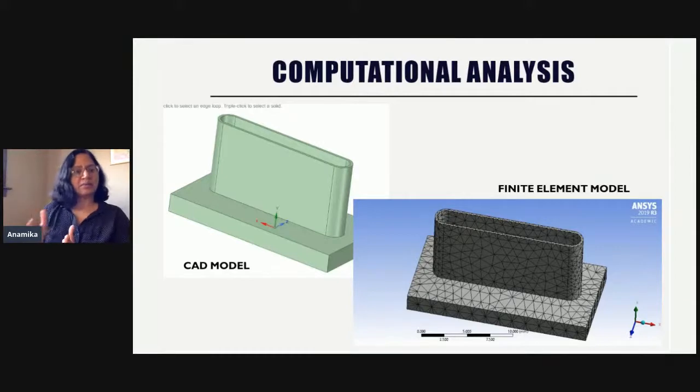So that's our next step. We are continuing to do the experiments, but at the same time, we also use underlying mathematical tools to predict what that behavior will be. Those are the various approaches that we are using to help NASA develop and optimize the manufacturing process of these 3D printed materials.